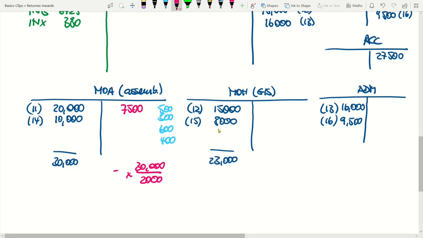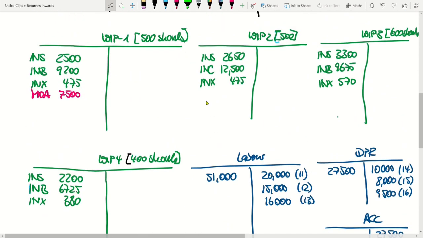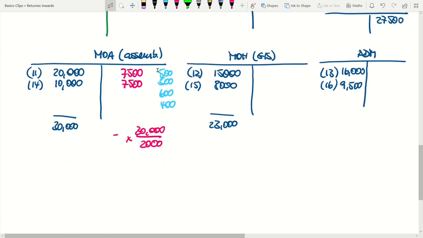The same applies for the next job order, as it is the same lot size. 7,500 is recorded in the work in process 2 account. Next I record 600.